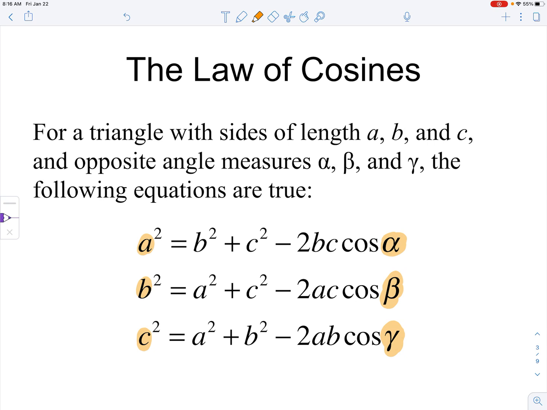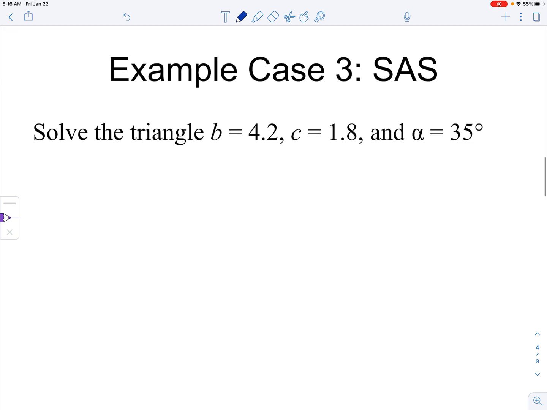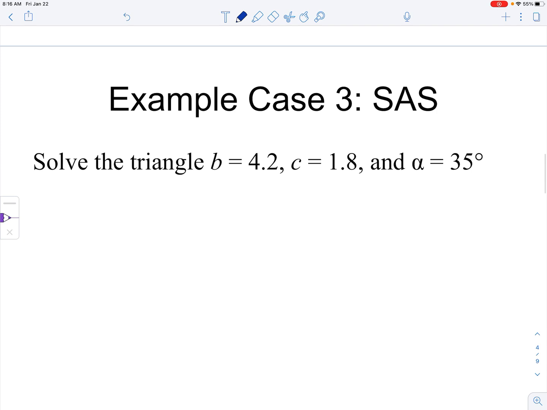And then the other sides follow the same pattern: it's the other side squared plus the remaining side squared minus 2 times each of those sides, then times cosine of the angle. So these really represent the same formula. It's not 3 different formulas that you have to memorize, but you do need to memorize what the law of cosines is, and that should be pretty easy just by using it.